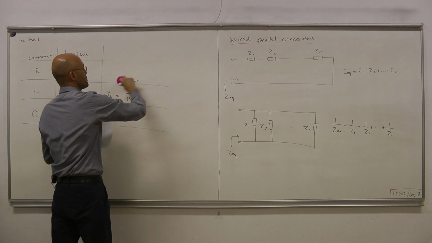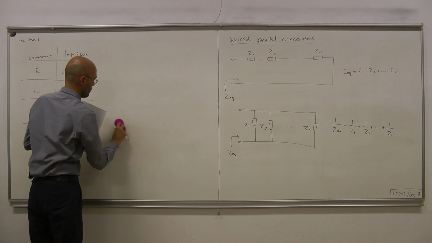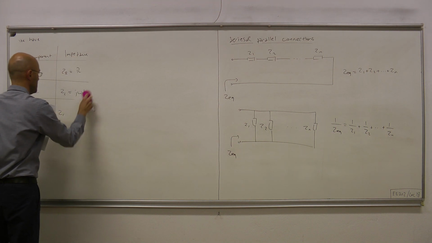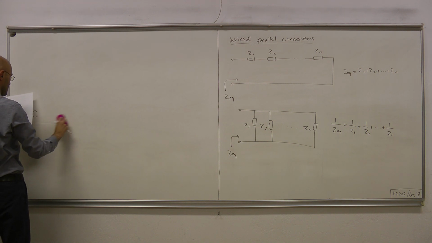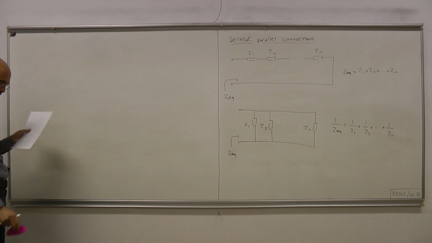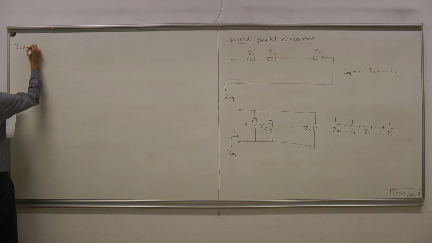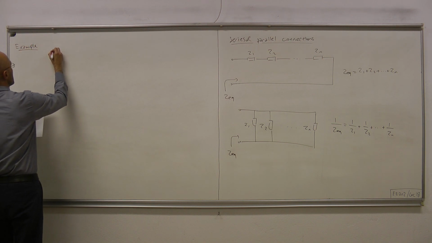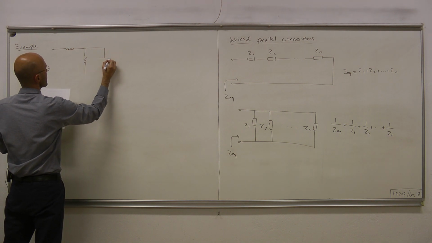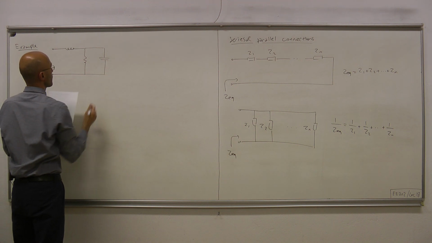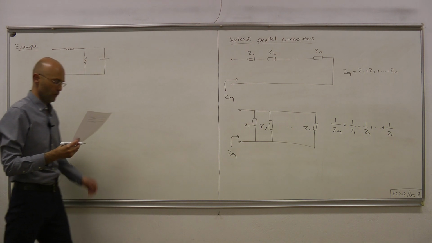Now let's apply this to a simple example, an example one-port, for which we will compute the equivalent impedance. Consider this one-port that contains 3 individual components.